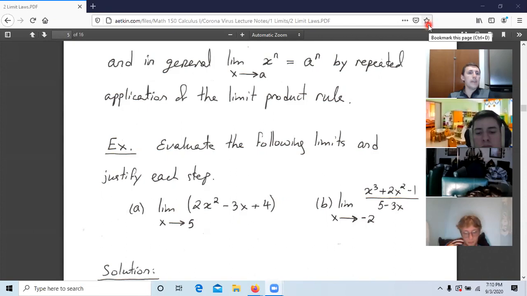We're doing A for now, but if you can do B, that's wonderful. Once you do it slowly, just to see that you understand how the limit laws are used to carry out each step.